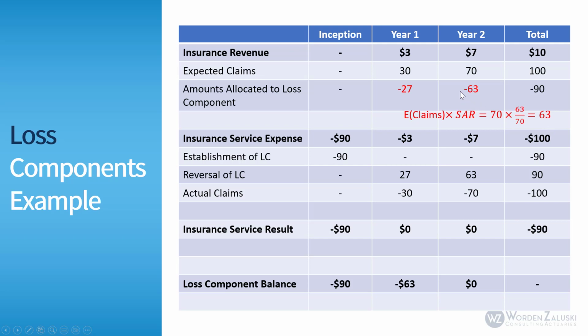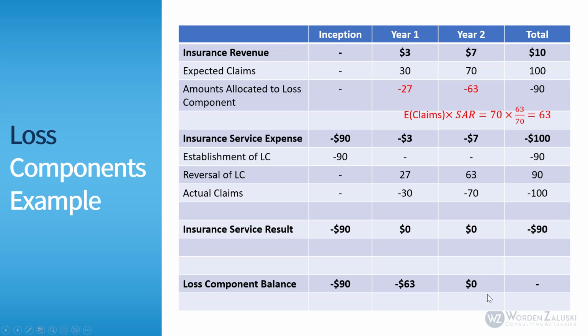So we're going to allocate that to period 2 here for the loss component, and that's going to take our $70 expected claims minus 63 gives us $7 of insurance revenue. And the same thing on the insurance service expense. We have our actual claims of 70, reversal of our loss component of 63 gives us an insurance service expense of negative 7. And then you can see our loss component was negative 90, negative 63, and now we've amortized the full amount and it's $0.